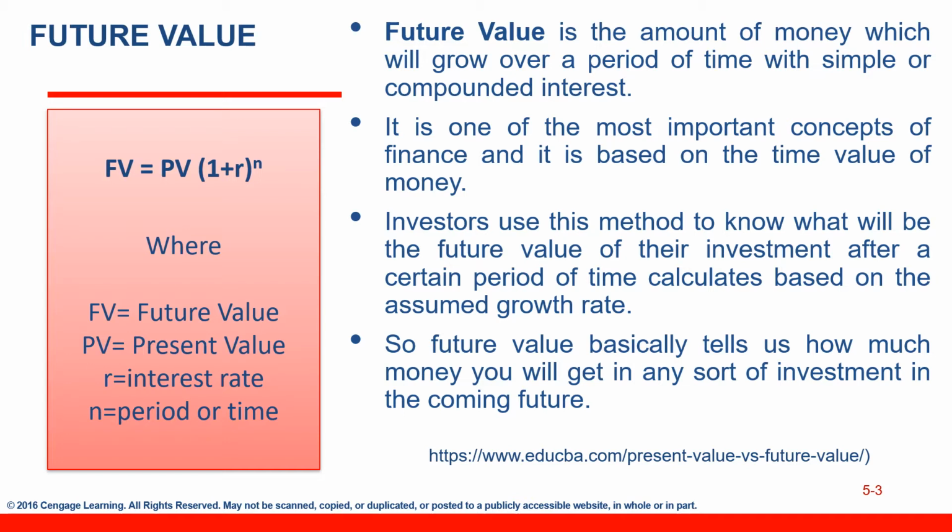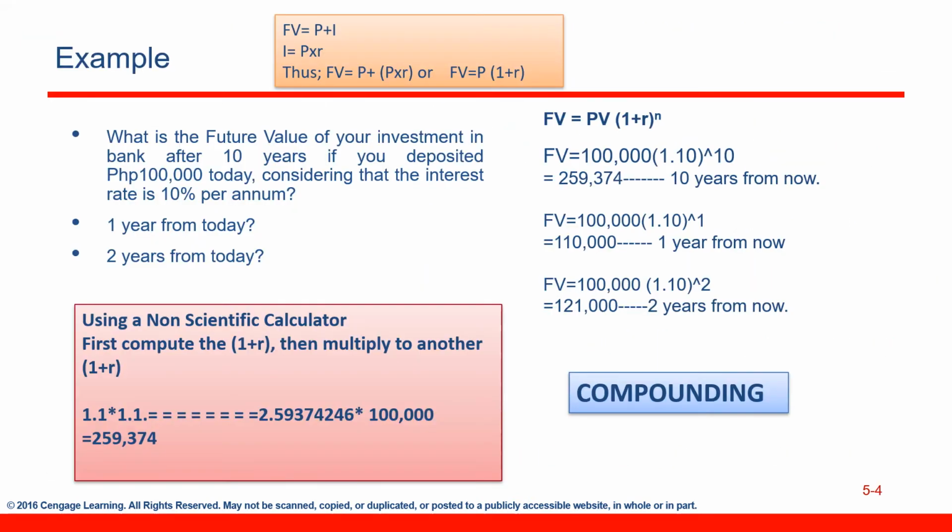Remember in your ABM class? Interest is equal to principal times rate, di ba? So, to get the future value, principal plus the interest.